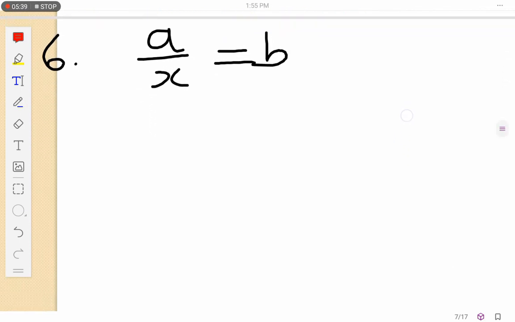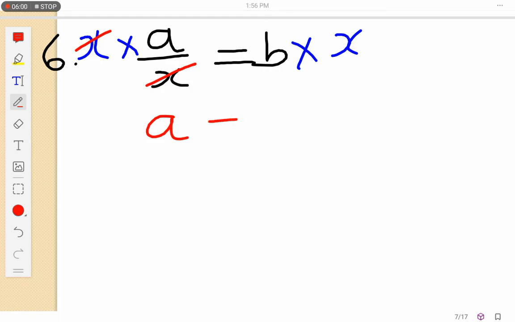Last question, we have got a over x is equal to b. What you do, you multiply everything by x so that we remove this denominator of x there. So I'll multiply everything by x. When I multiply everything by x, this x and x will cancel and we will remain with a, and it is equal to bx.